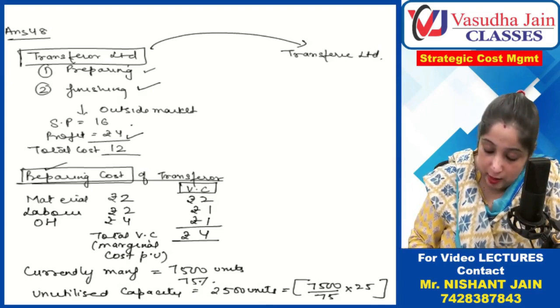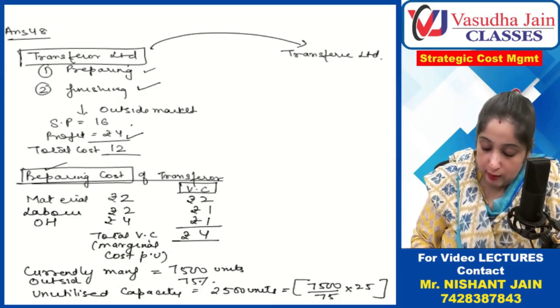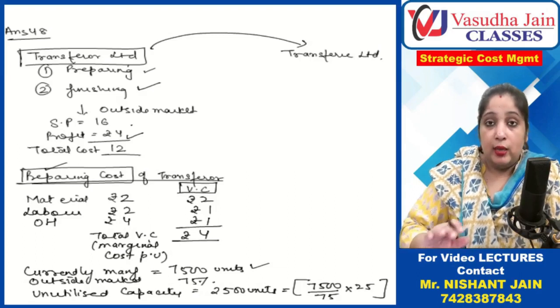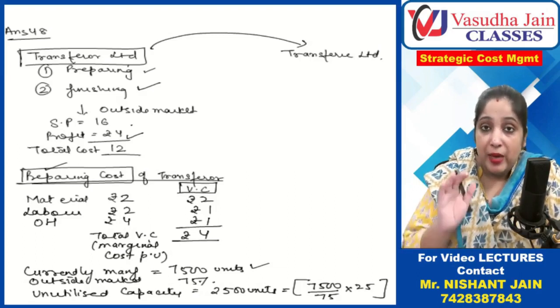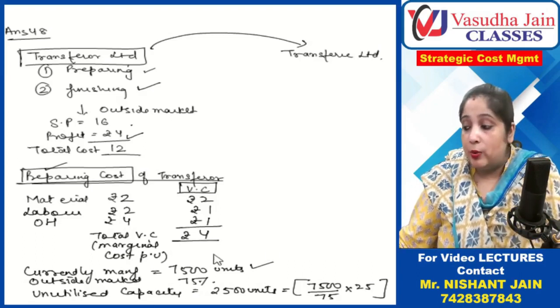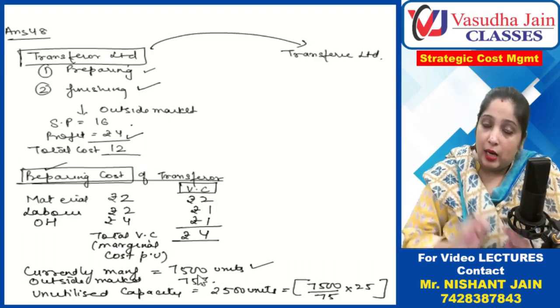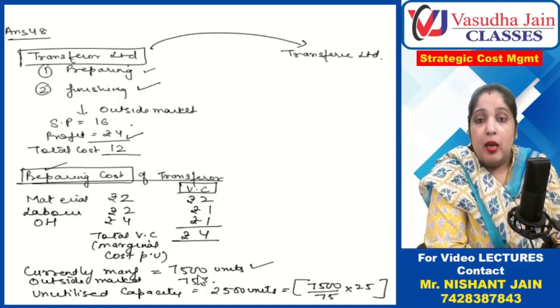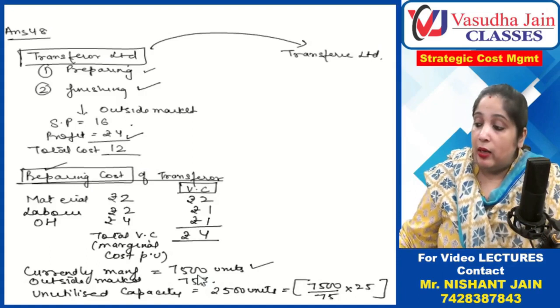It is currently manufacturing and selling 7500 units to the outside market. So see, this is very important. This is a basic question, so you are not going to disturb your outside sale. Outside sale will continue.